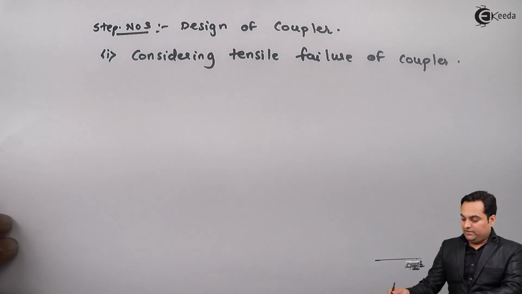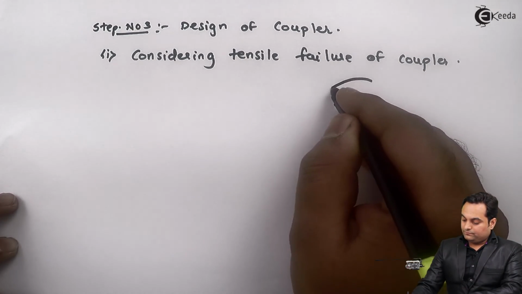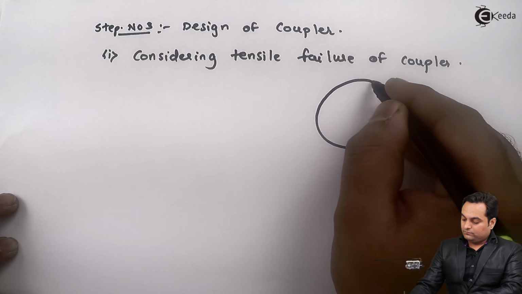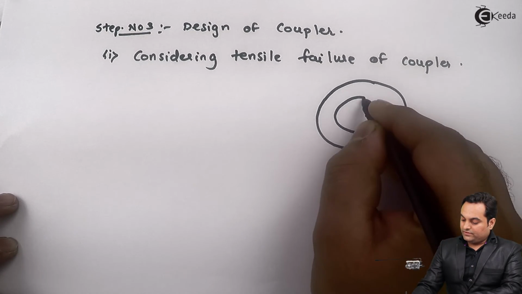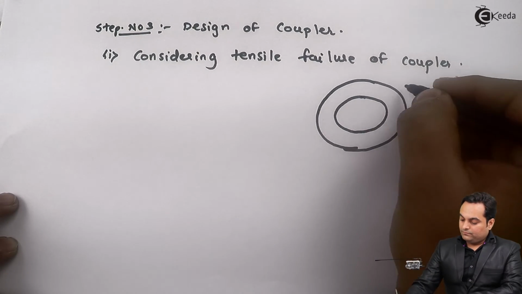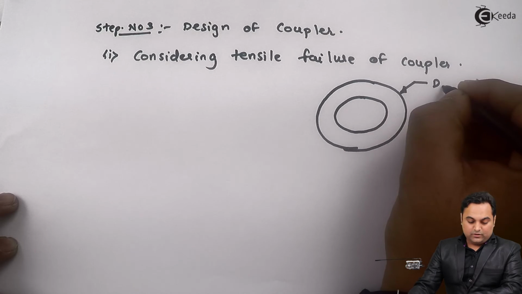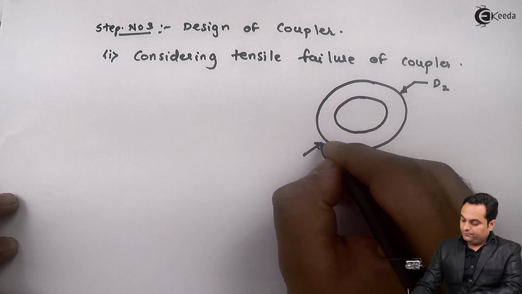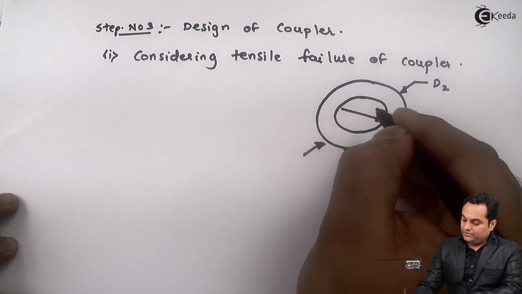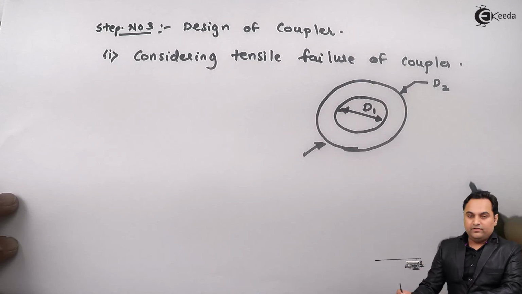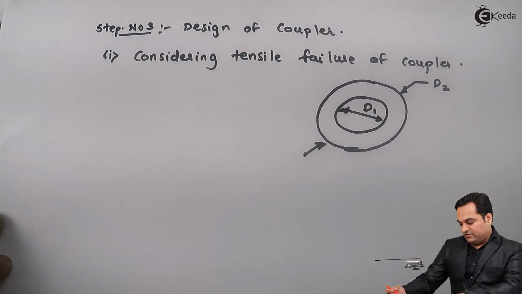Now I'll draw the failing area. Coupler is circular in section. It has outer diameter capital D2. Its inner diameter is D1, and this is the failing area.